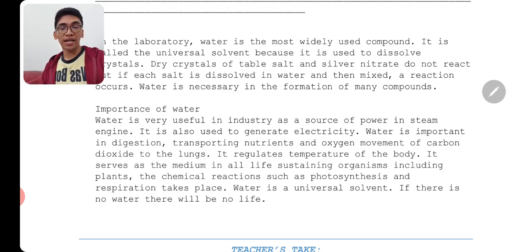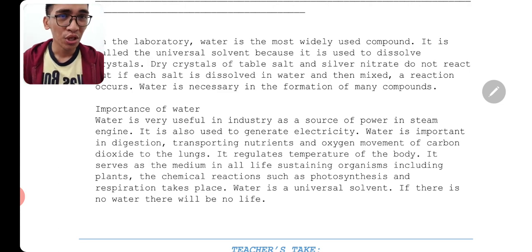Water can be translated into power, of course, by the use of what force? Anong force? Gravitational force, di ba? Kapag sa river, anong force ba yung nag-attract sa water to go down? Of course, it's a gravitational force. Okay.